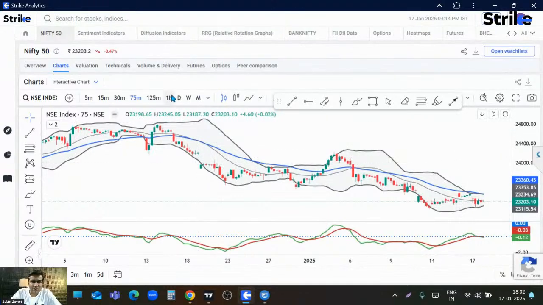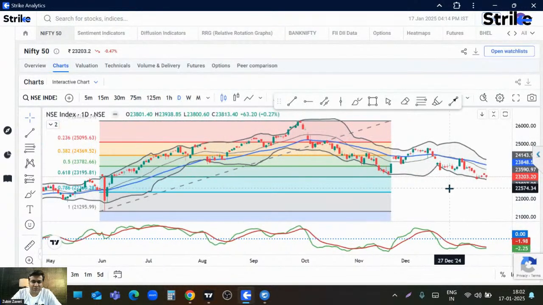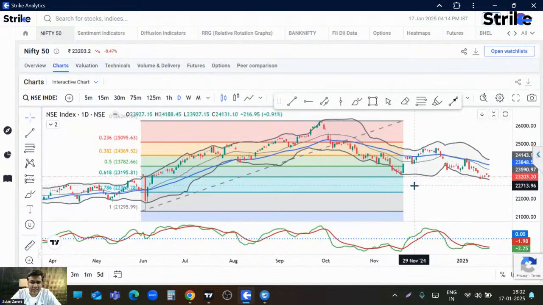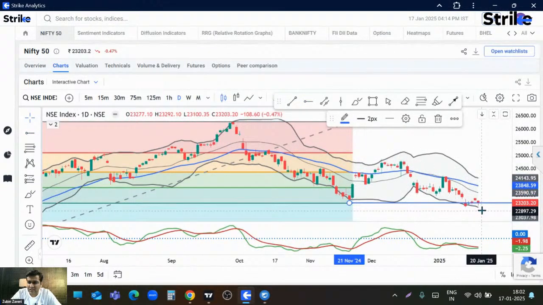Okay, let's look at the daily time frame chart. On the daily time frame chart, we have seen that the 61.8% retracement level over here is still acting like a good support level. It's somewhere near 23,200 levels.